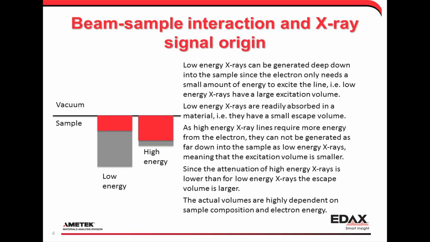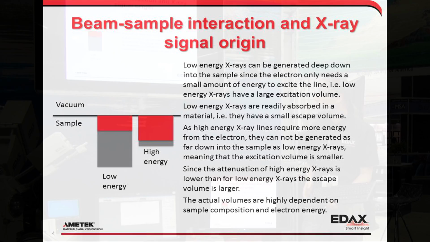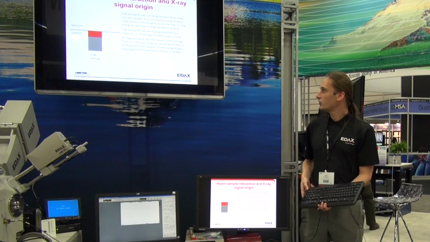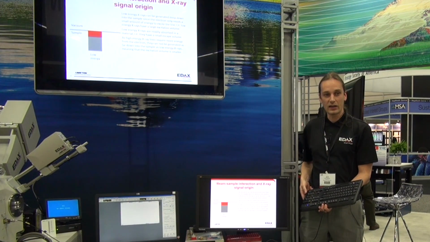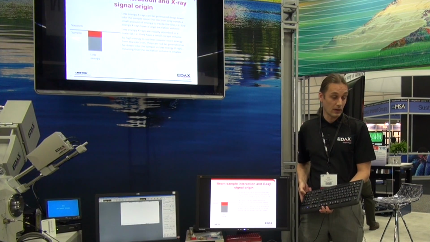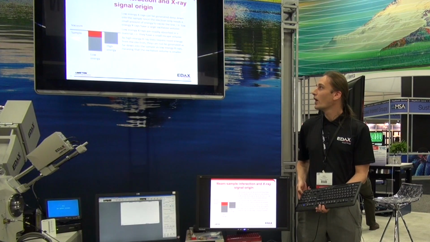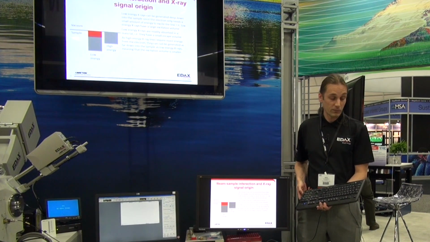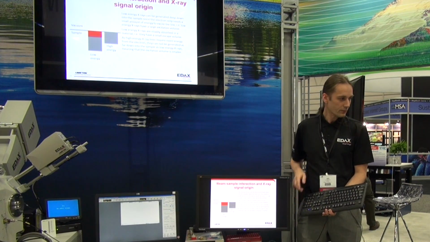For the high energy X-rays, our electrons have to have a lot of energy to excite the X-ray line, to knock out the core shell electron. So since they need more energy, that means you can't excite the high energy lines as deep down into the sample as the low energy lines. You have a smaller excitation volume.